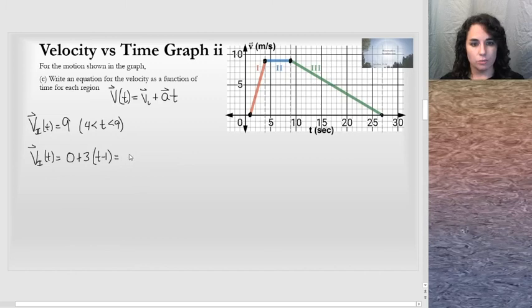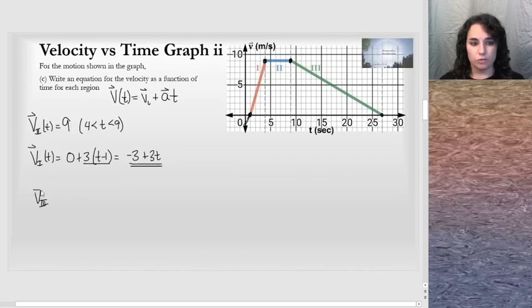This equation simplifies to negative 3 plus 3t. So if I back this up to the intercept, it's a negative 3. And that's why it is how it is. Okay. I would accept either one of these. This is technically the simplified version, but this would be perfectly fine as well.